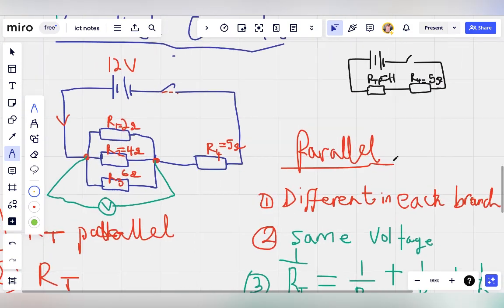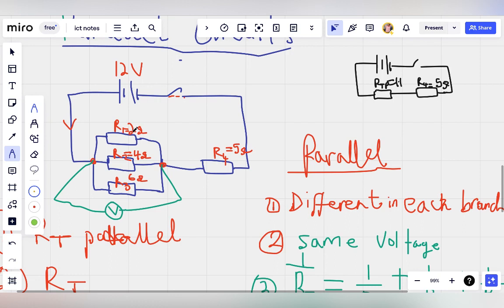Now that you know the current flowing in the circuit, they can ask you the current in each of the branches. So we must know the total voltage, which is equivalent to the 12 volts.